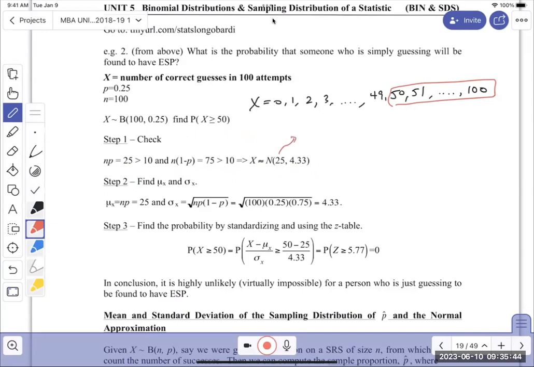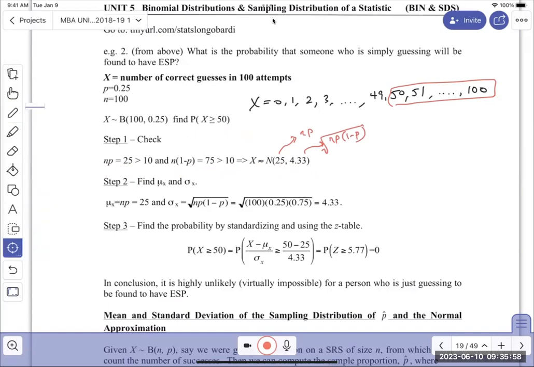And like I said, go back if you don't know why. And the standard deviation is the square root of np(1 minus p). So you should be familiar with those numbers in relation to x, the number of successes in n independent tries. I show you how I calculate those in the second step.